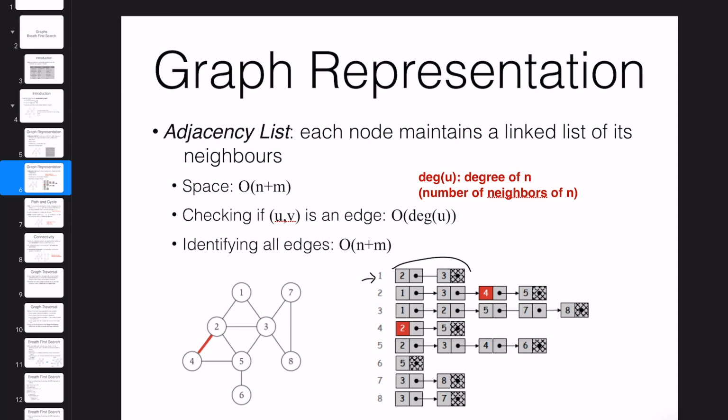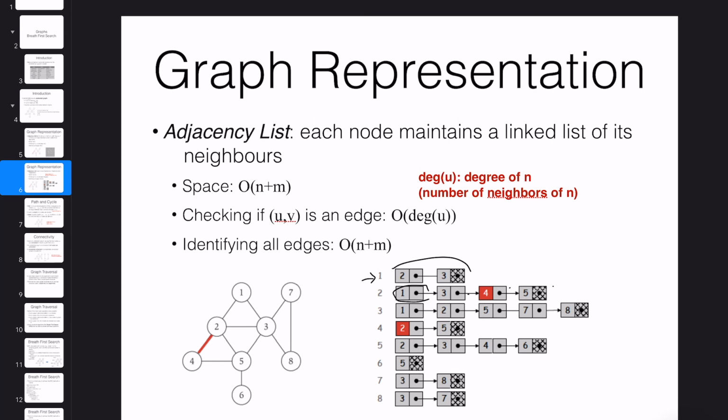For example, the node 2, there are 4 different connections, right? So I have stored 1, 3, 4, and 5. So the good thing about this representation is that you just take as much space as you need.